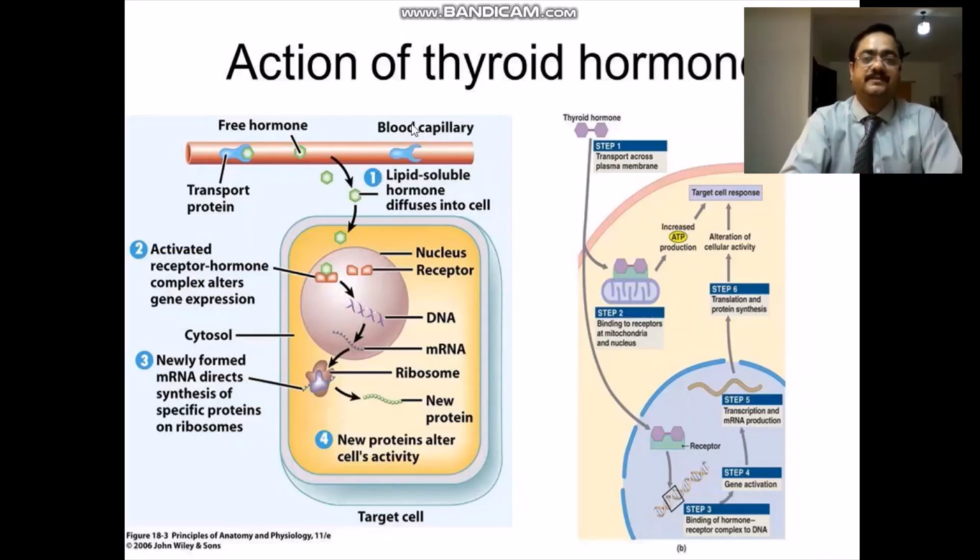You can see in the blood capillaries, free hormone comes with the help of transport protein. The hormone is freed from the proteins, and as this hormone is lipid soluble, it diffuses into the cell, where in the nucleus the activated receptor hormone complex alters the gene expression of the DNA and forms the mRNA.